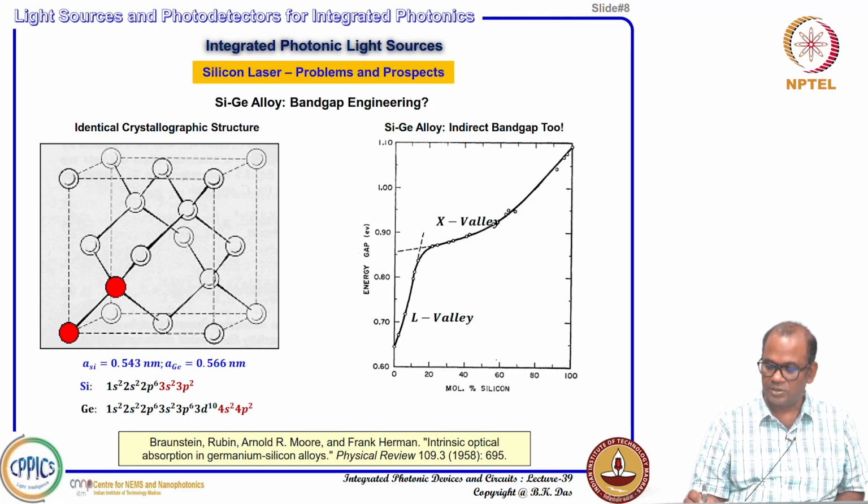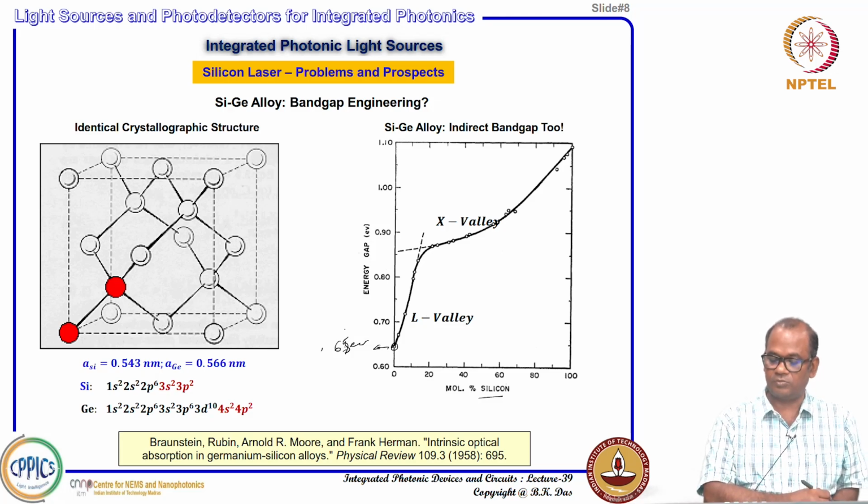as you consider the silicon content, for example, if you start with germanium and keep on increasing silicon content, then if silicon content is 0, the band gap is around 0.67 electron volt, or 0.65 electron volt or something like that.